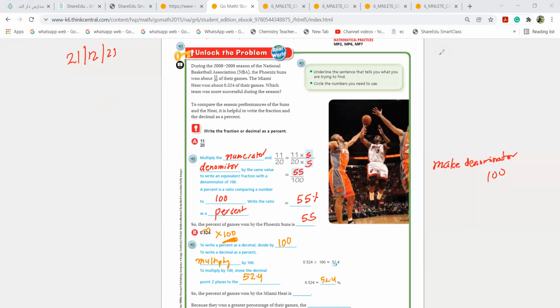The next part is the decimal. Any decimal I give you, like 27.54, to know the percentage, do we just take the numerator? Here? Because the one is a decimal?